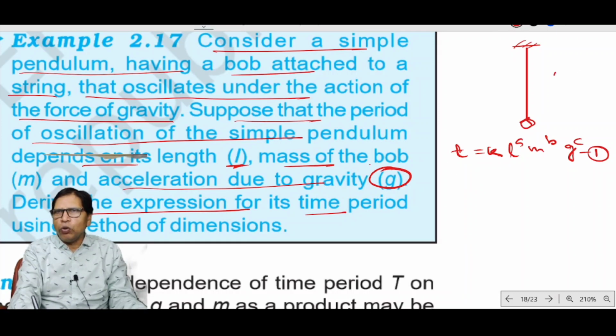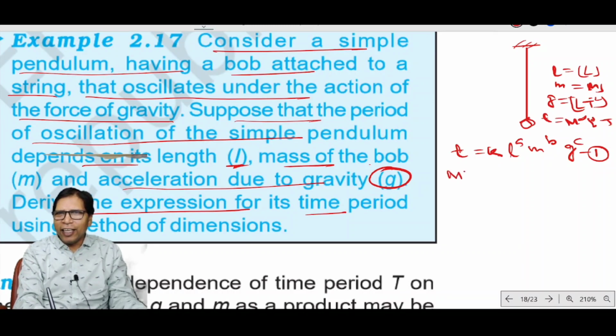You know the dimension of L is L. The dimension of mass is capital M. The dimension of g is LT minus 2. And the dimension of T is M naught L naught T. Put these dimensions here.